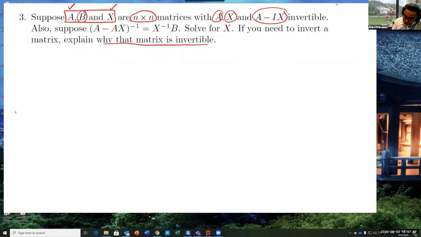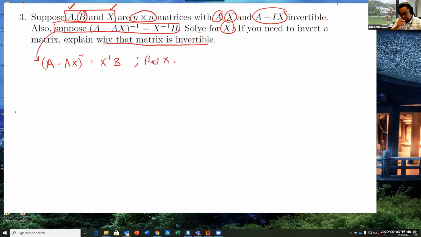Now, suppose this is the condition given to us. Solve X. So we start with (A minus AX) minus 1 equals X minus 1 B. So the first trick is this.